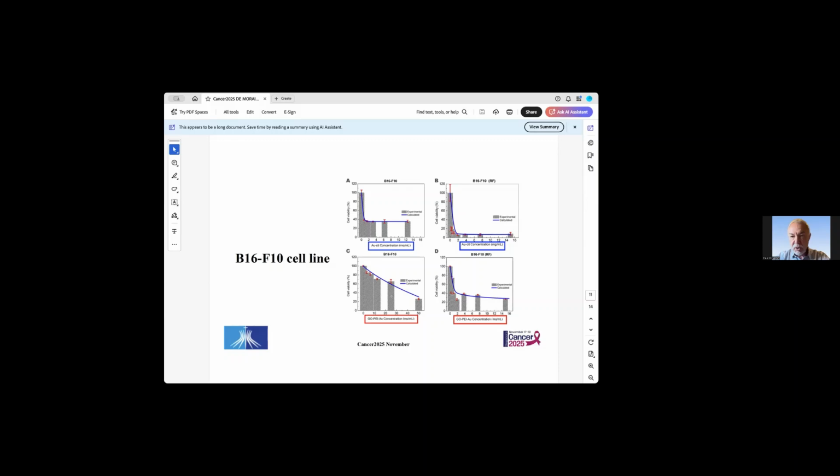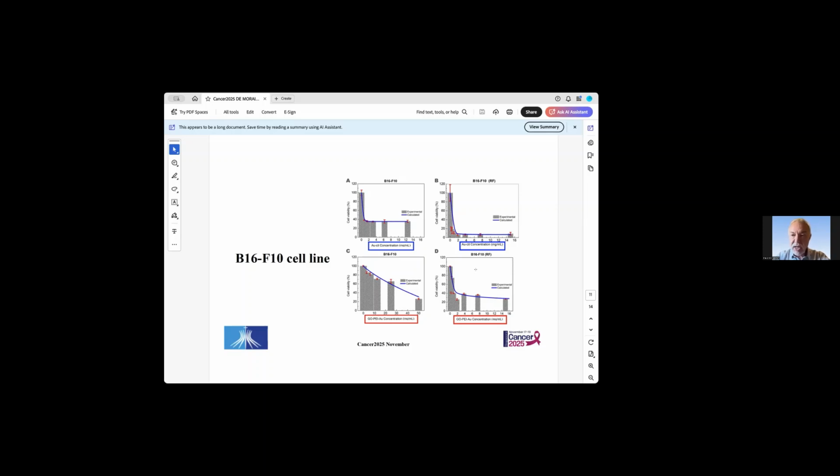On the two lower panels, C and D, is the use of the nanocomposite, increasing the concentration and the cell viability on the vertical axis. So on the left-hand side, the C panel is there is no application of radiofrequency.